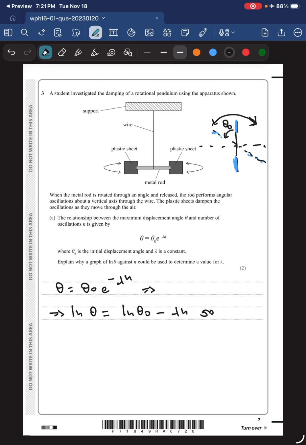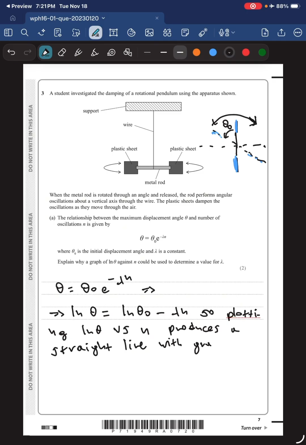So plotting ln of theta versus n produces a straight line with a gradient equal to minus lambda, okay?